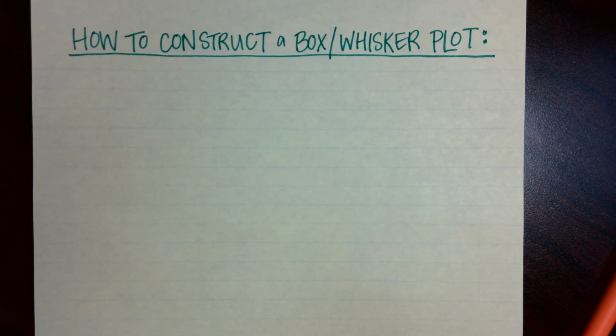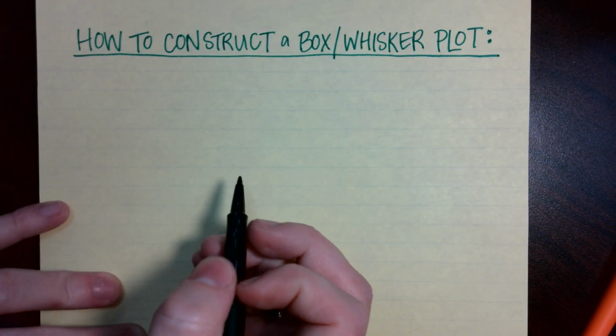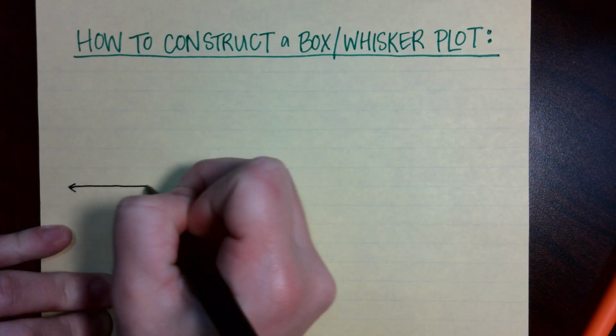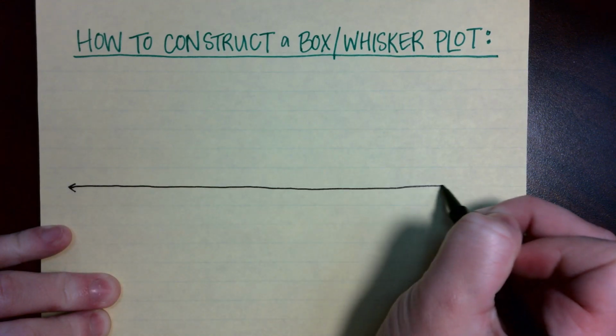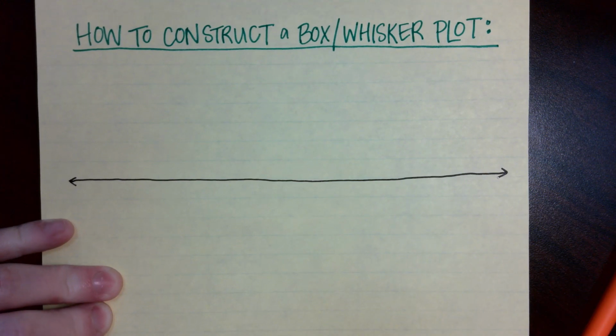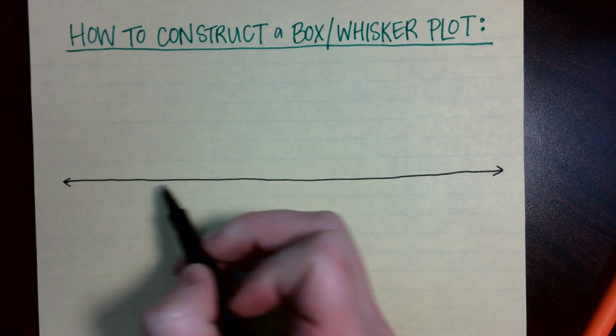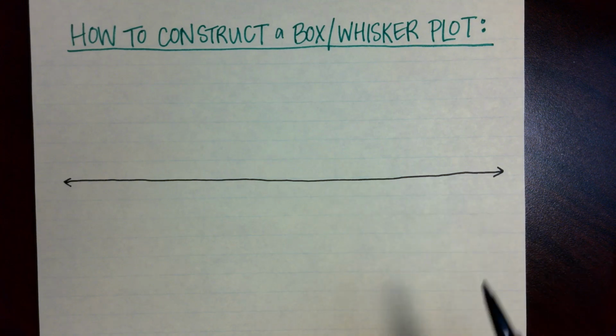First of all, I'm going to show you what a box and whisker plot looks like. And I'll label it for you. So you will be given a number line of some sort. And it really just depends on what the problem is, but this is just for your scale, for example.